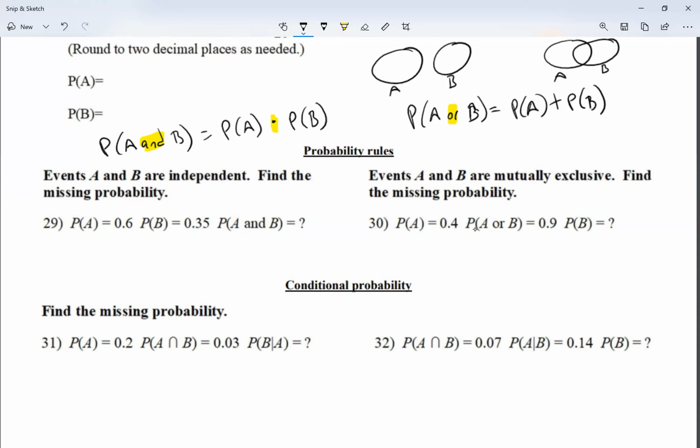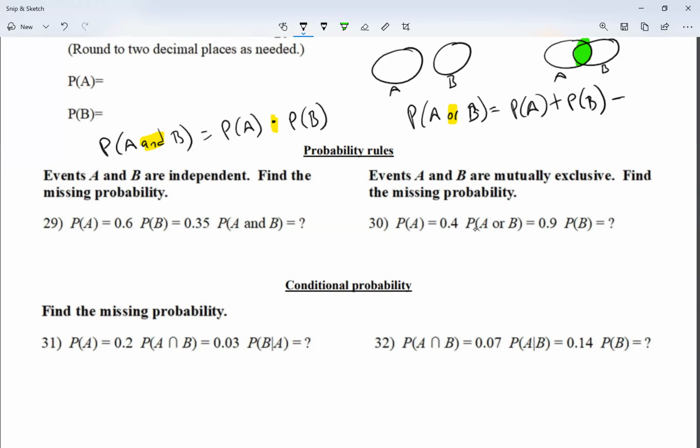Now, for probability of A or B, I'm going to add the probabilities. However, I'm going to subtract, because if I add probability of A plus probability of B, there is one section I'm adding twice. So I have to subtract it once, because I don't want to include it twice.